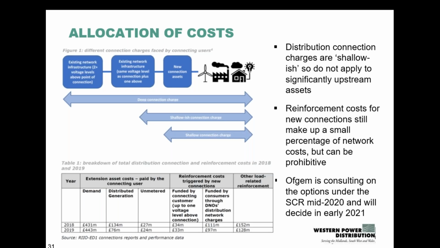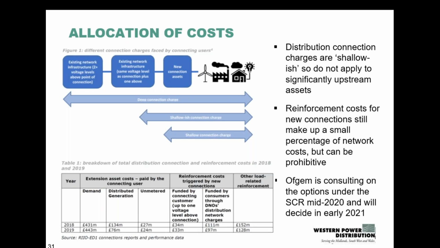We can see by the table at the bottom that the reinforcement costs triggered by new connections and actually paid for across the whole of the UK only amount to about £34 million worth of charges directly paid for by individuals across the whole of the UK in 2018 and 2019. So in terms of how much we actually reinforce the network by, it's quite a small percentage, so 34 million out of a much bigger pot.